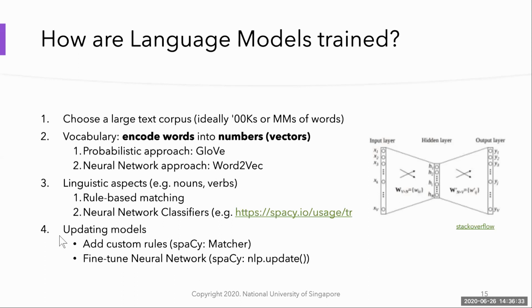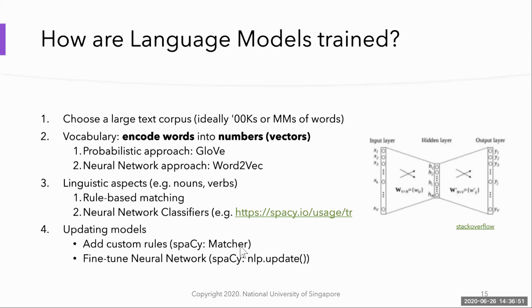After you've stopped at step 3, you have a model already. The one we download today is basically up to step 3. Step 4 is, if you choose to do so, you can update the models, but a lot of times you don't have to. You can add custom rules. This is the spaCy matcher.